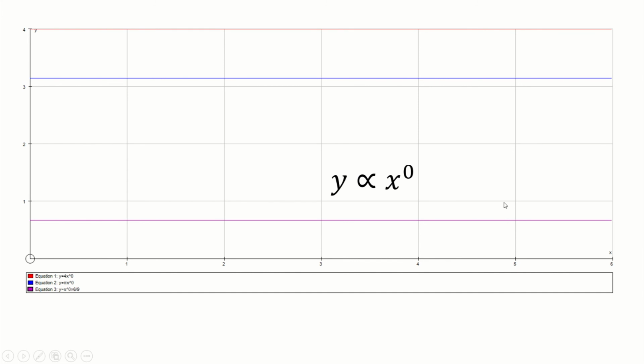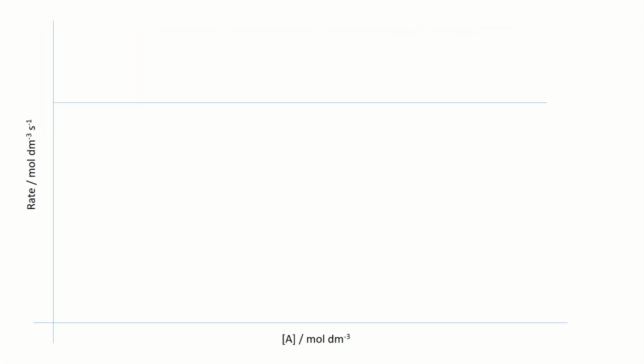And we call this a zero order. What we're saying is that whatever we do to x, we're going to have the same value of y. Again, if we put that onto our concentration equals x and rate equals y, if we change the concentration of a reactant and we get no change in the rate whatsoever, then rate is proportional to x to the power of 0, or proportional to 1 basically, and therefore rate is proportional to the concentration raised to the power of 0, which is still 1.